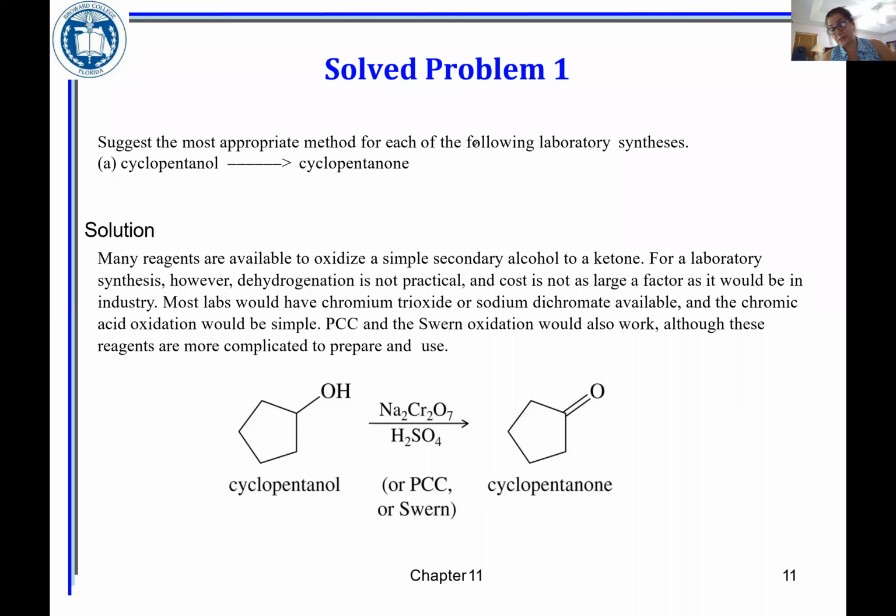You can use PCC. You can use sodium dichromate with the sulfuric acid. They would all give you that. And then for the dehydrogenation, for the industry, you don't want to bring that to the lab because it's going to be just more expensive. It does work on the paper, however.